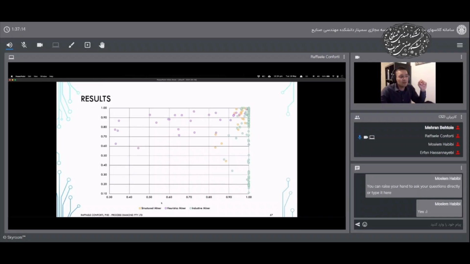By combining this heuristic with the structuring, we were able to find a middle ground between these 2 approaches. You can see that the yellow points are along this line. It's not always perfect, sometimes you have some bad results, but in general, it's a good compromise among the two.